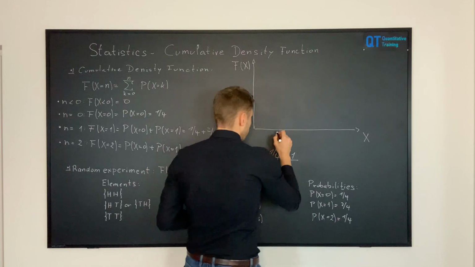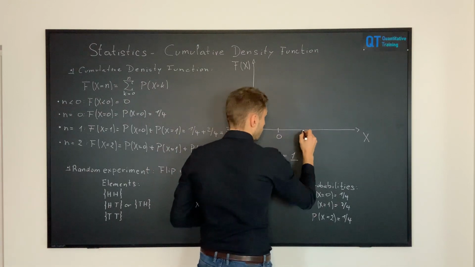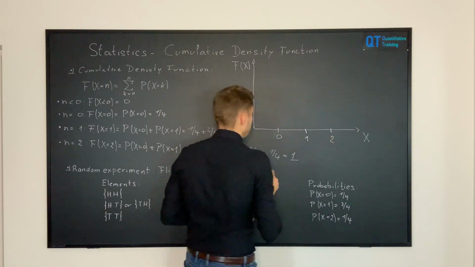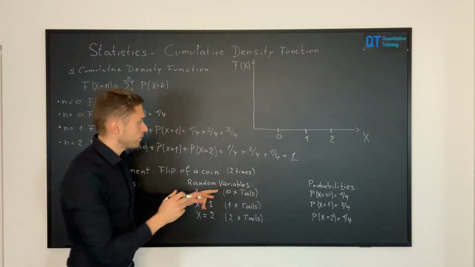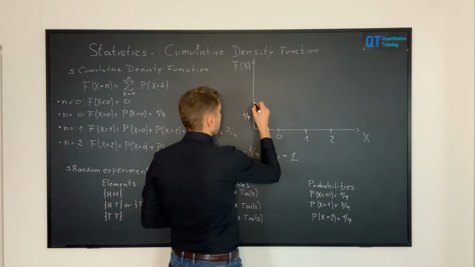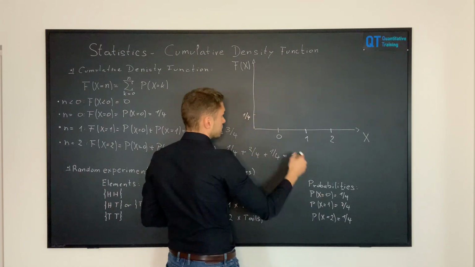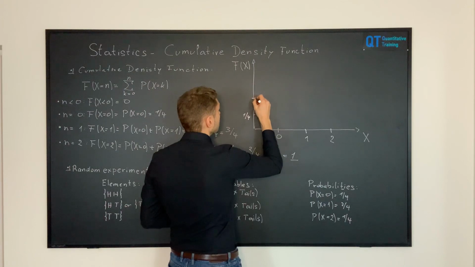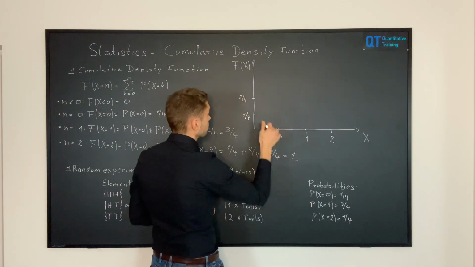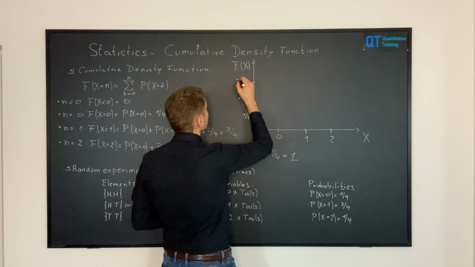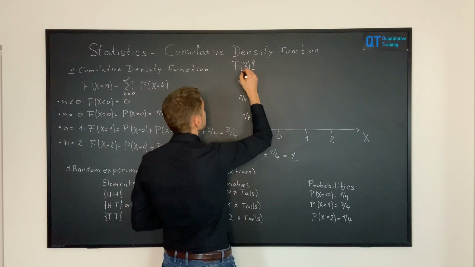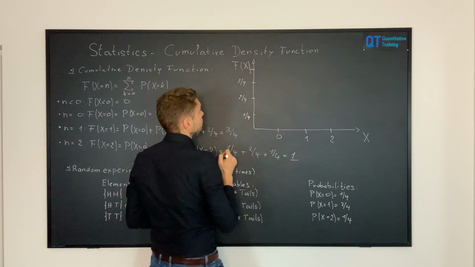We have 3 different values: x equals 0, x equals 1, and x equals 2. And at the level of the probabilities, we have 1/4 for x equals 0, 2/4 for x equals 1, 3/4 here, and the total probability 1.